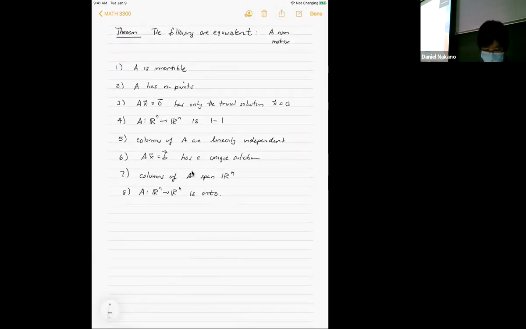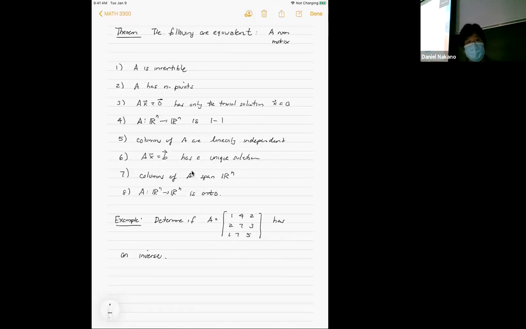Now let's see if we can apply this to solve the following example. The problem is to determine if A equals 1, 4, 2, 2, 7, 3, 1, 7, 5 has an inverse.